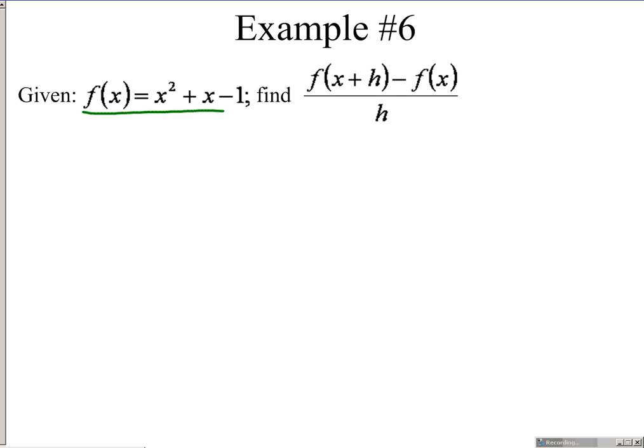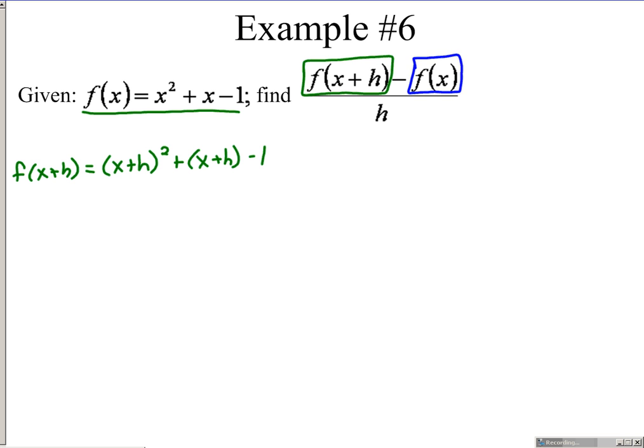Here's the function we are beginning with. In that function, I need to find f of x plus h. f of x plus h means that I need to take x plus h and put it in every single spot that I have x in our function. Once I have that, I need to subtract from that f of x.